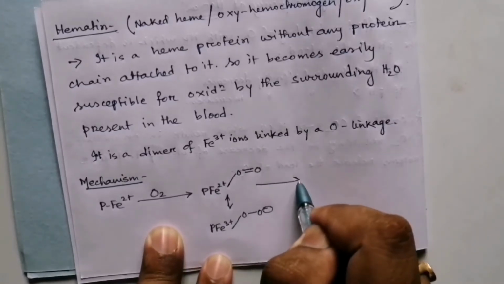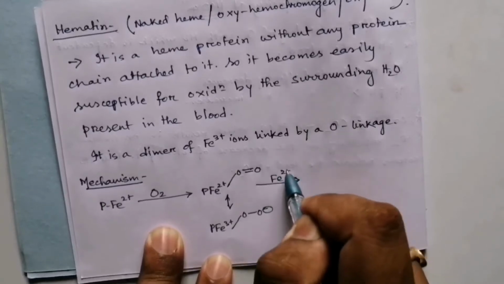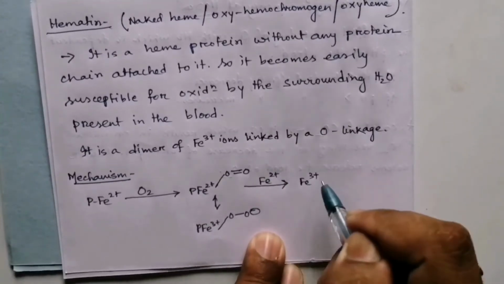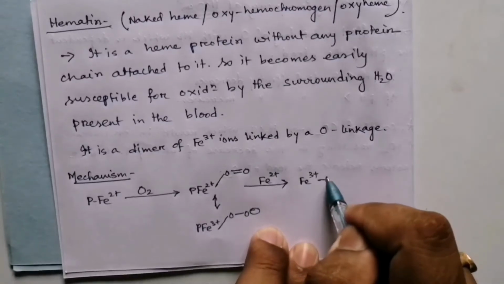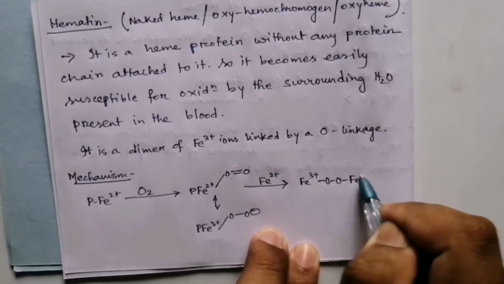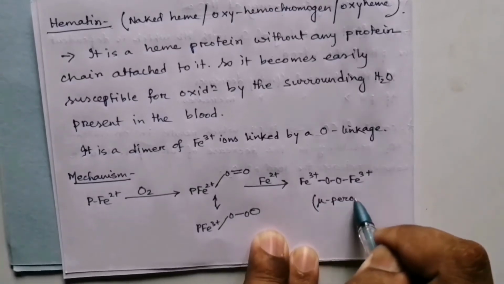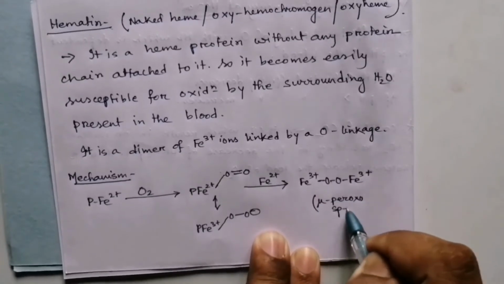So this one, when it combines with one more ferrous ion, it converts to a mu peroxo species of ferric ion.